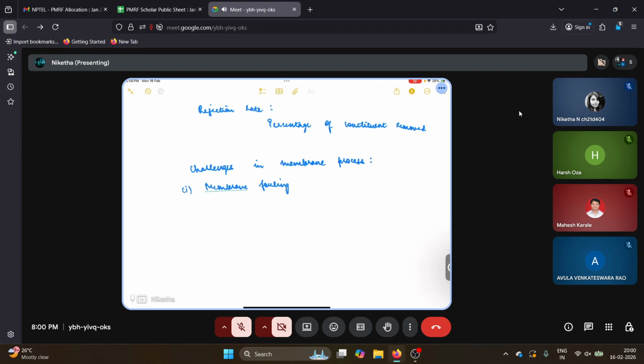The second one is high energy consumption. The reason is that we have to apply high pressure, and maintaining that high pressure requires more power. That is why there is more energy consumption. And also, this process is highly unsustainable.